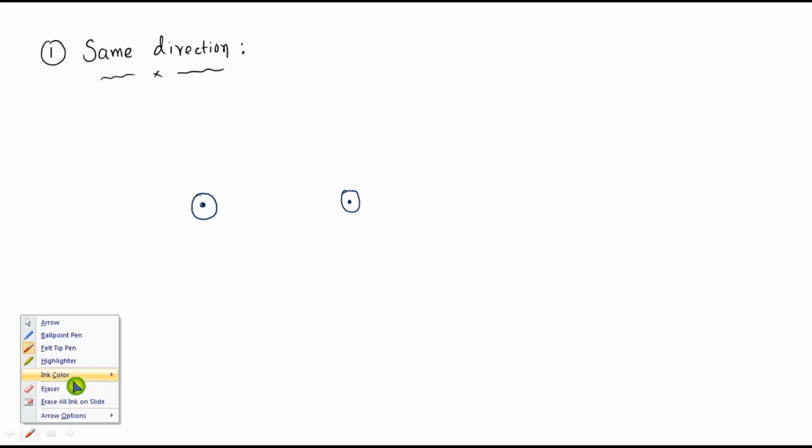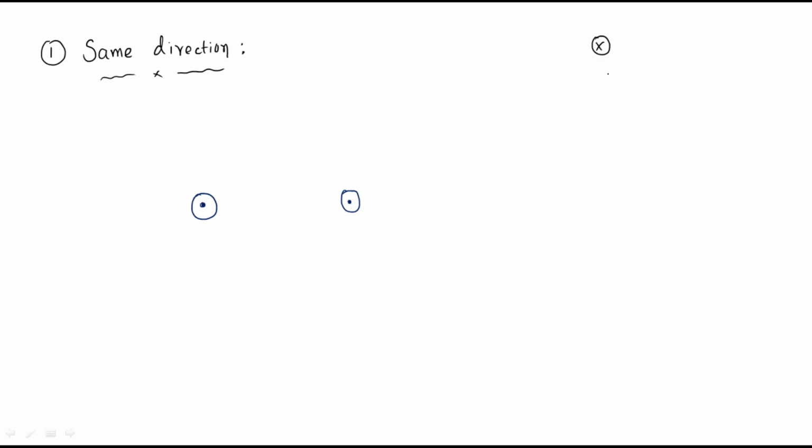Before that, we all know that whenever we have a cross, the current is into the plane, and whenever we have a dot, the current is out of the plane. Clear? So here the current is out of the plane.